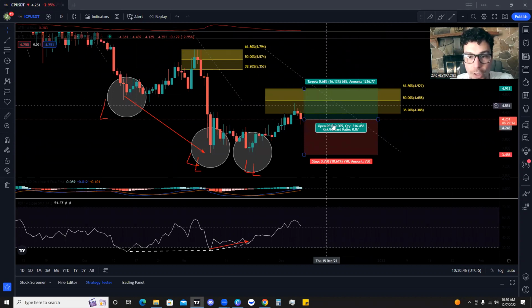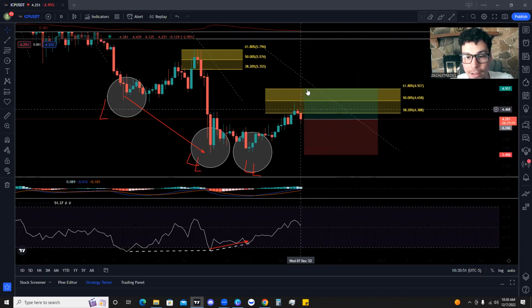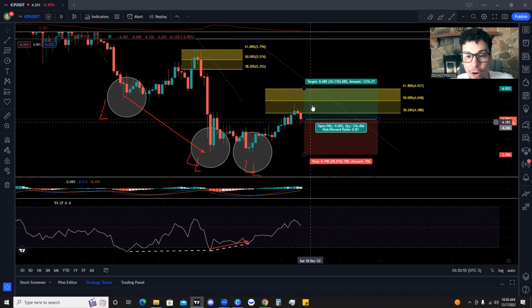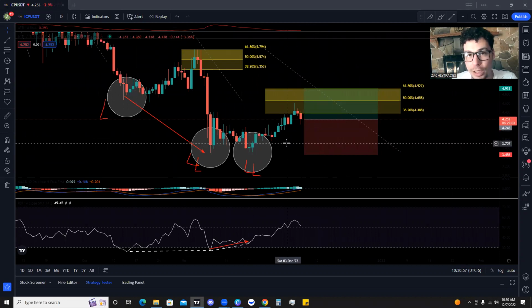I mean, really the risk to the downside is going to outweigh the profits a lot more. It's pretty split even here, almost 1-to-1, but you really don't want a 1-to-1 ratio. Okay, because that's not very good.